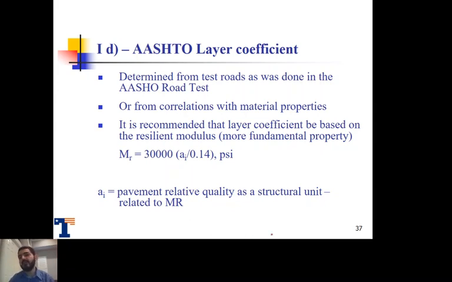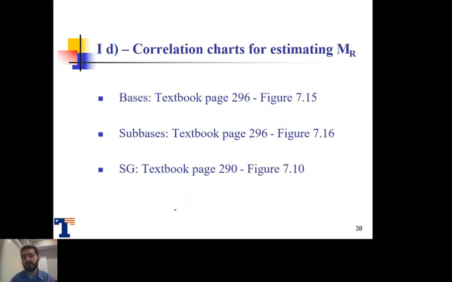It's recommended that the layer coefficient be based on the resilient modulus. So for example, if I know the layer coefficient from the AASHTO test, I divide it by 0.14 times 30,000 to get the MR value. And again, what's AI? This is the pavement relative quality as a structural unit related to the resilient modulus.